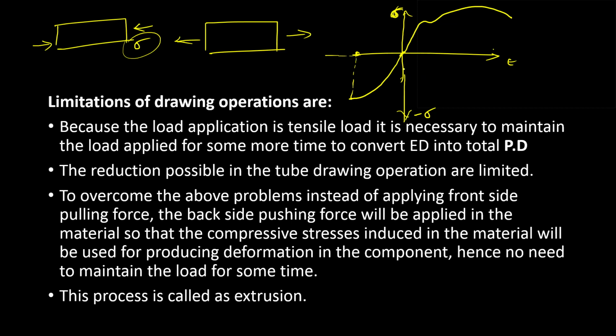That means we are getting only plastic deformation from here to here. But here, as this one is coming back, there is some portion as plastic deformation and some portion elastic deformation. That is not the case in case of compressive force, and to take that advantage extrusion was developed.